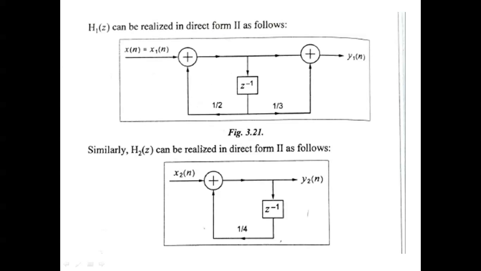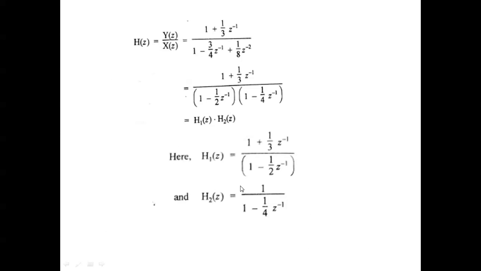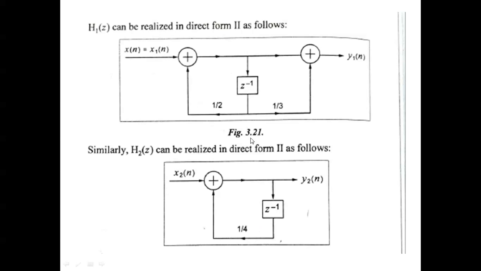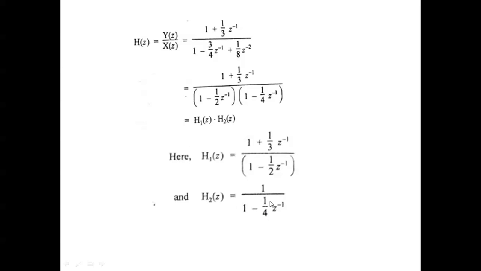And finally, we have the direct form 2 realization. So there are two direct forms. Based on this, h1 has the value 1 by 2, and then 1 by 4. So this is h1 and this one is h2, because h1 of z is a direct form 2 and h2 of z is a direct form 2.